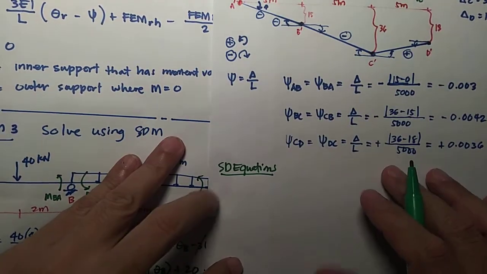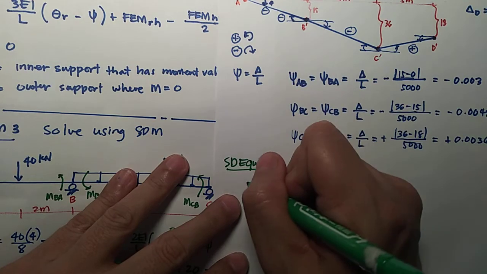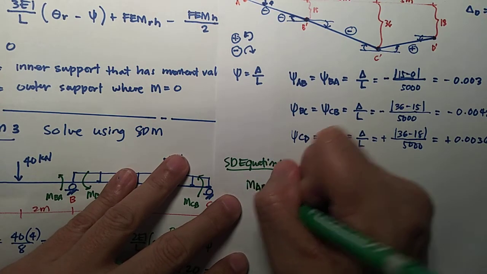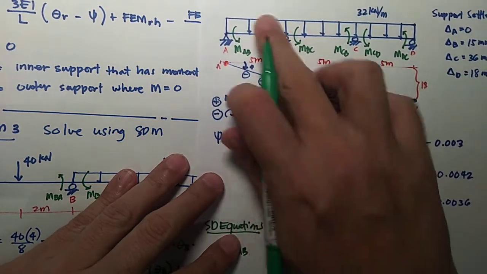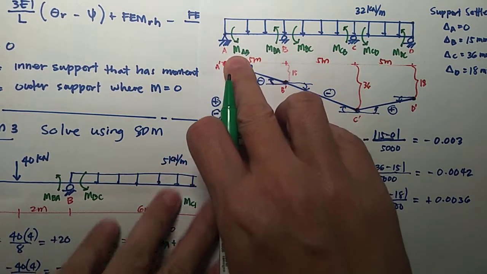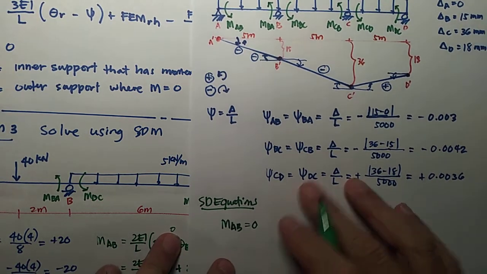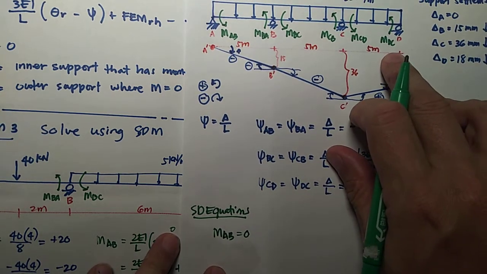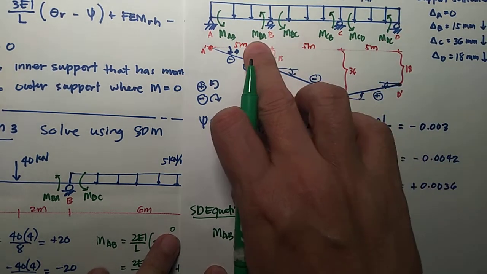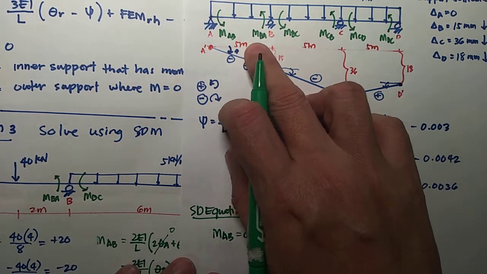Okay. So, let's start with MAB. So, MAB, that's the moment here. Diba hinge yun, dulo? So, the moment there is 0. So, 0 siya, automatic. Okay? Katulad ng MDC rin dito, 0 din yan mamaya. But how about for MBA? Moment at BA.